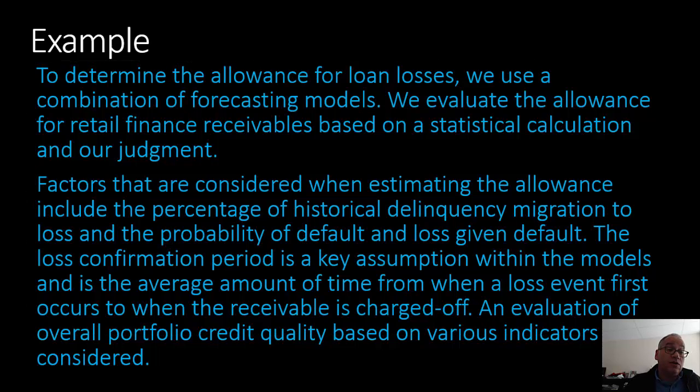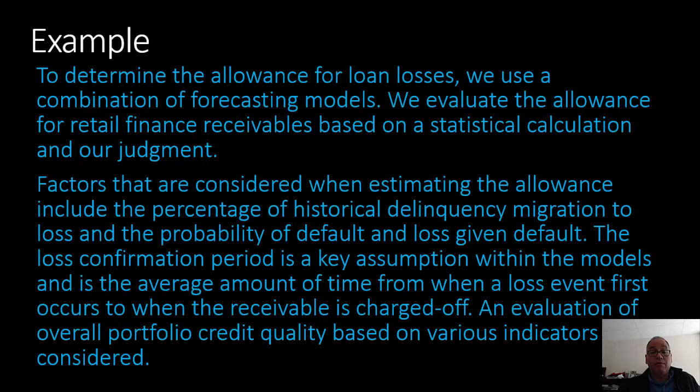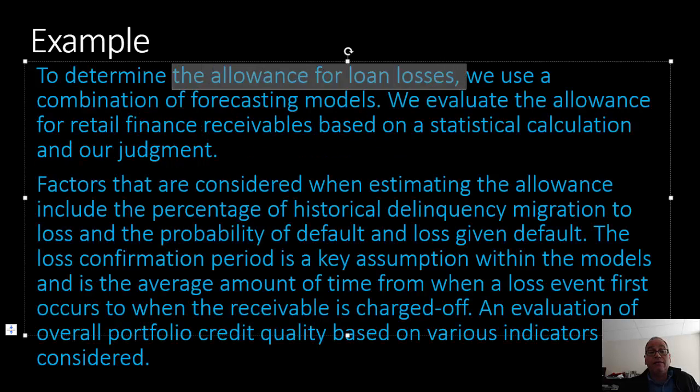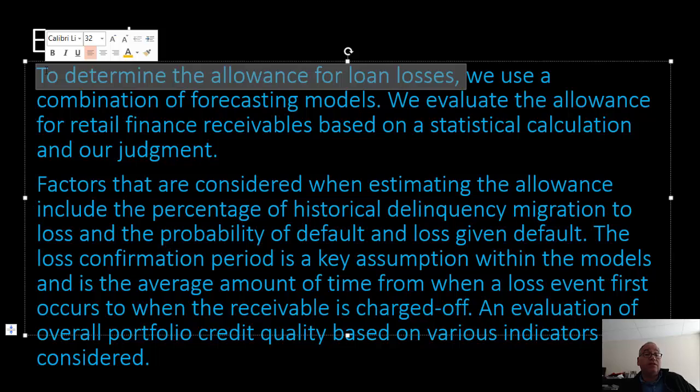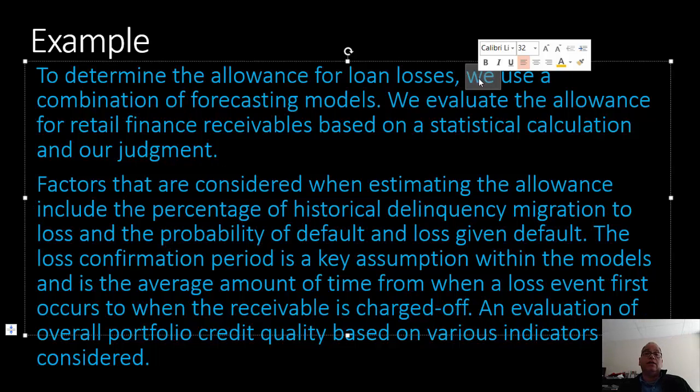That goes back to clarity, where you want to organize your thoughts more carefully. So I'm moving them around, and I've got the very key idea here. This is about determining the allowance. That's my first sentence. And then I evaluate the allowance for retail finance receivables based on a statistical calculation and our judgment.